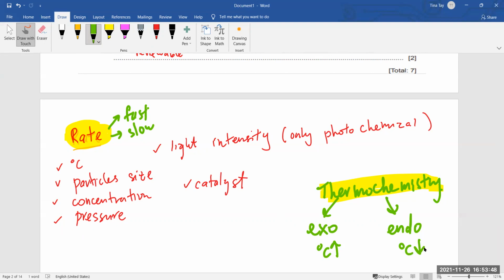If a particular chemical reaction is exothermic, will the reaction happen faster or slower? Faster. That's why all explosions, all combustion are exothermic. That's why explosions are so dangerous.